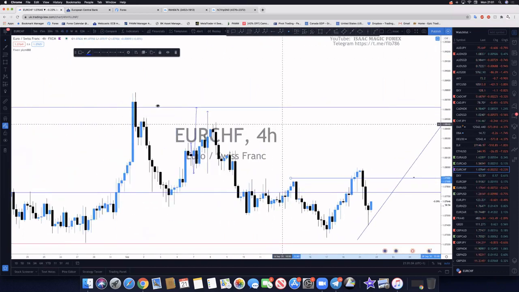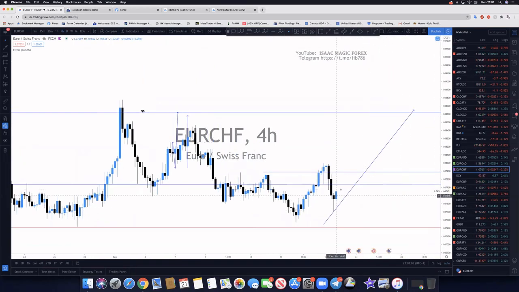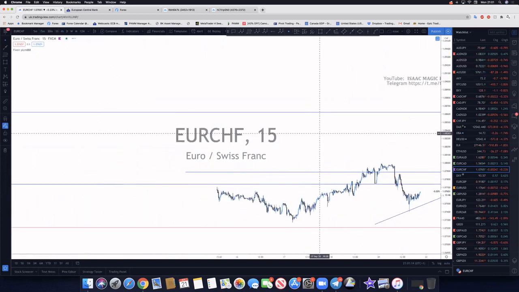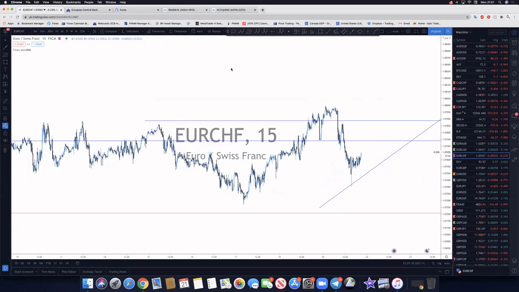You can take this buy when the Asian market opens, and you put your stop loss here. Take your buy, because the minimum you're going to get is this level. That's a nice scalping position. So keep a close eye here. Euro Chief, take your buy.